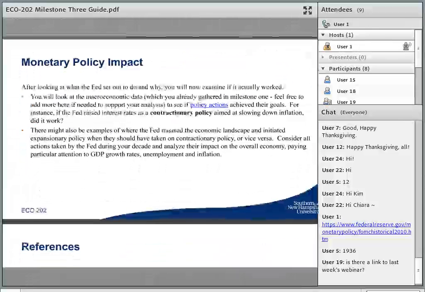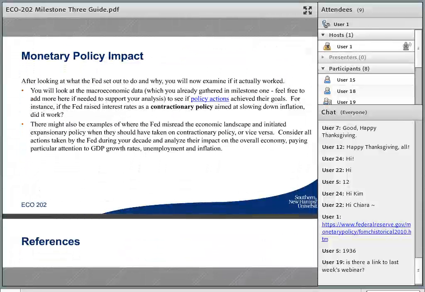All right, and lastly, just like our last milestone, monetary policy impact. This critical element is looking for you to see if the Fed's actions worked. So just like with last time, you're going to look at the data that we've already got from milestone 1 to see if the policy had the intended effect.